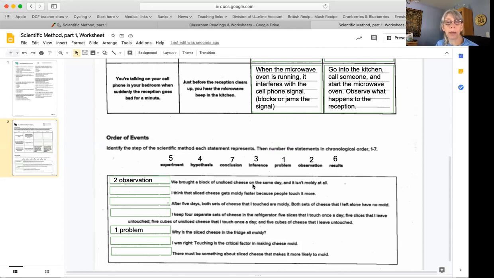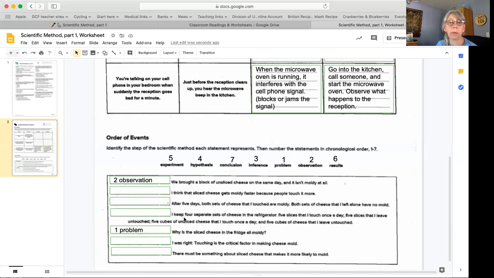And what are you thinking? What sounds like an inference? Okay. This could be it, but it's not, because there's a way to test this. Hint, hint. All right. There must be something about sliced cheese that makes it more likely to mold. Possibly. I was right. No, not it.